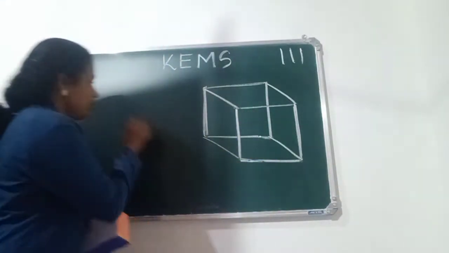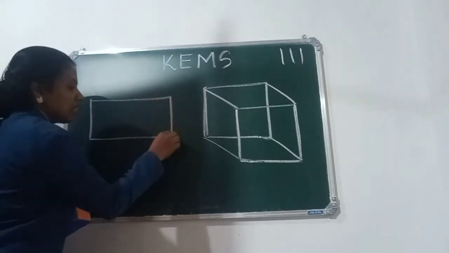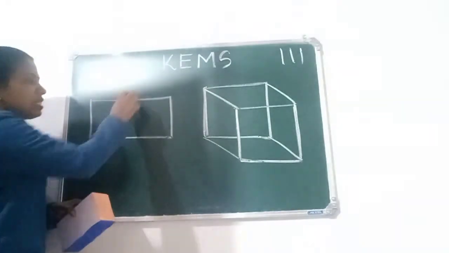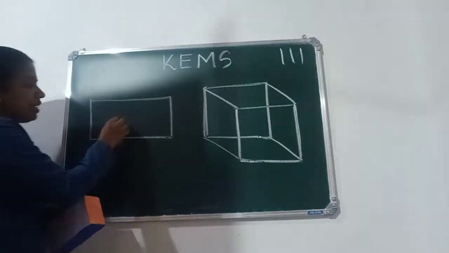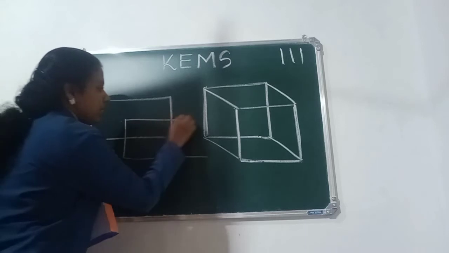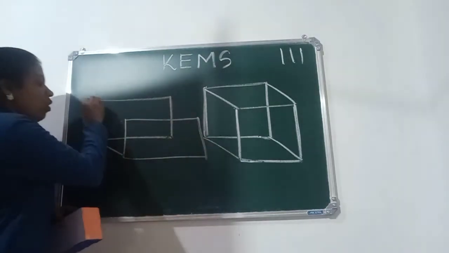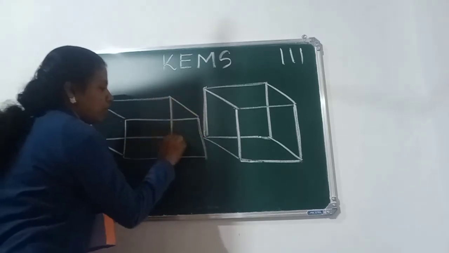I will show you. First draw a rectangle. Rectangle means 4-sided, but opposite sides are equal. From the center of the first rectangle, you can draw another rectangle. In the same way, join the corners, and you will get a cuboid.